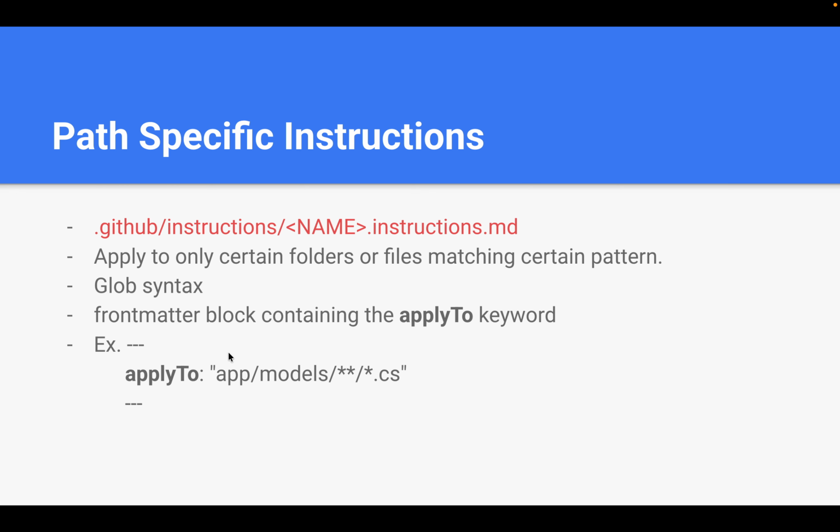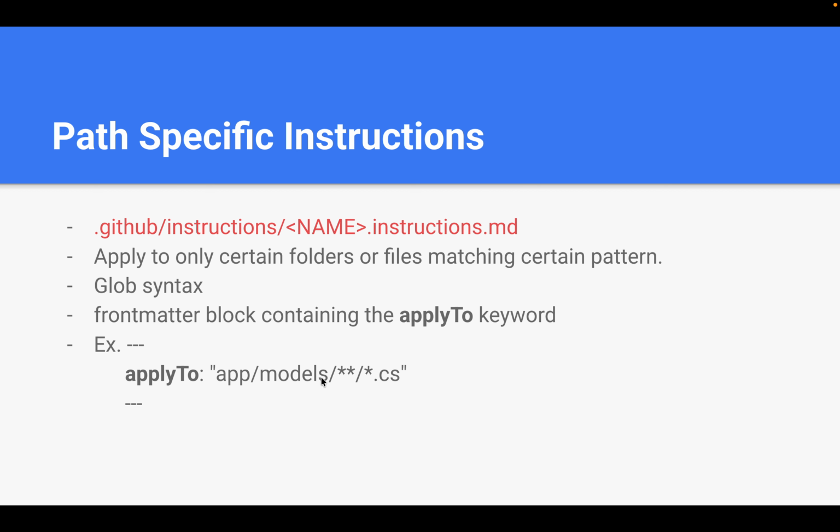At the start of the file we create a front matter block containing the applyTo keyword, and after applyTo you list the matching folders or files, and the instructions after this will be applicable only to those particular folders and files.